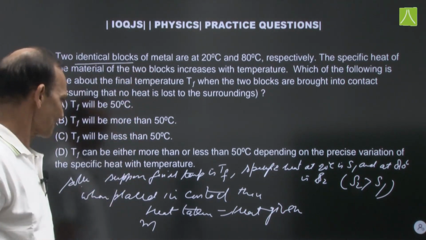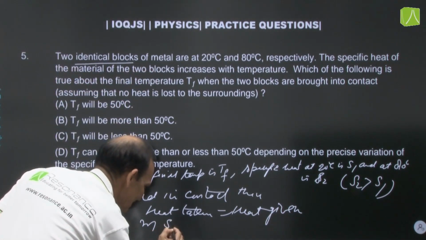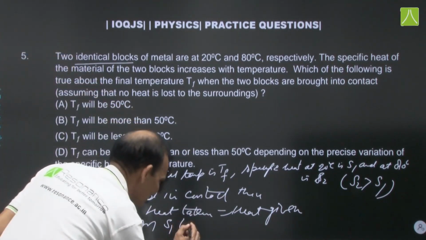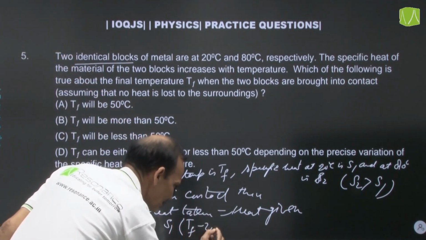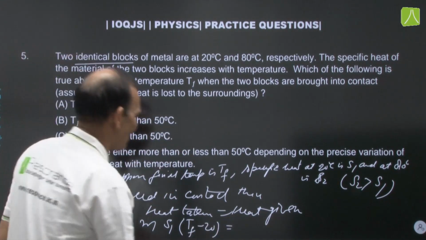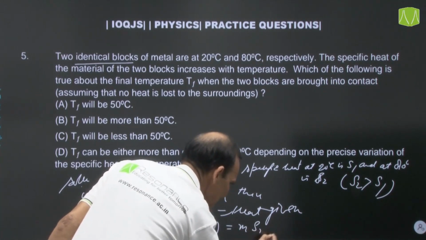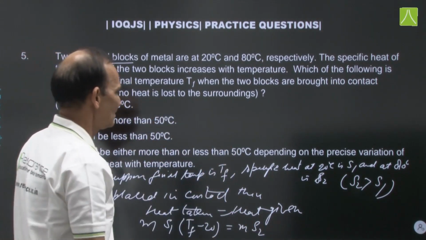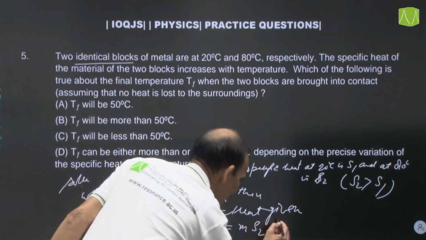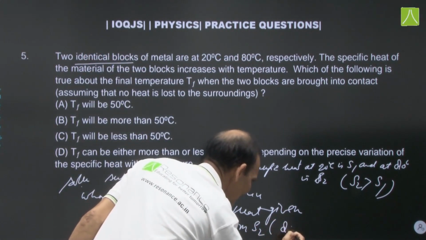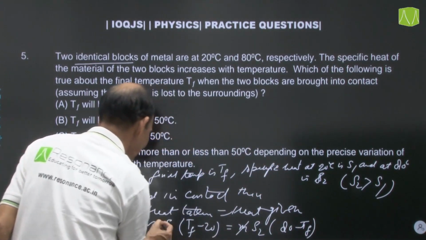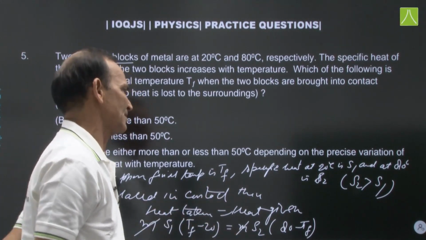So m S1 into the temperature change from 20 to Tf, that is Tf minus 20, is equal to the heat given by the second body. Mass is the same, specific heat is S2, and its temperature decreases from 80 to Tf, so 80 minus Tf, where Tf is the final temperature. The m cancels, and we can easily find S2 by S1.